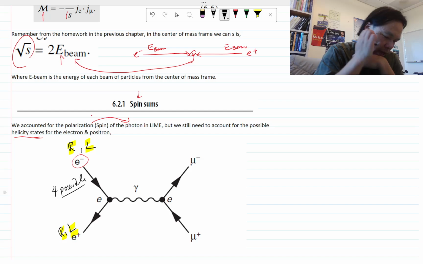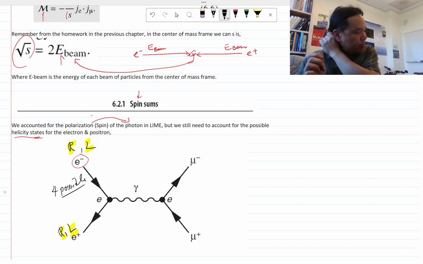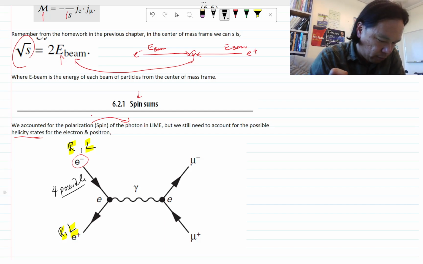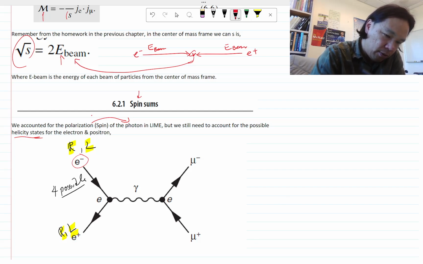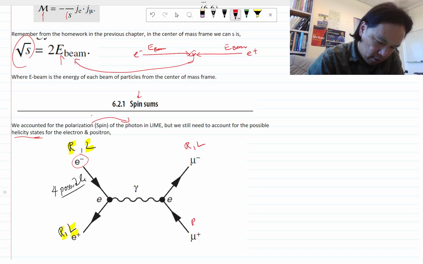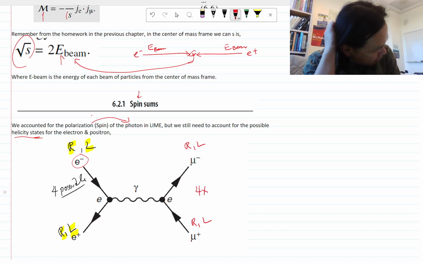We're going to average over this. We're actually going to multiply everything that we calculate by 1/4 because of this. Similarly, the muon that's coming out can also be right-handed or left-handed, so there are also 4 possibilities for this to happen.